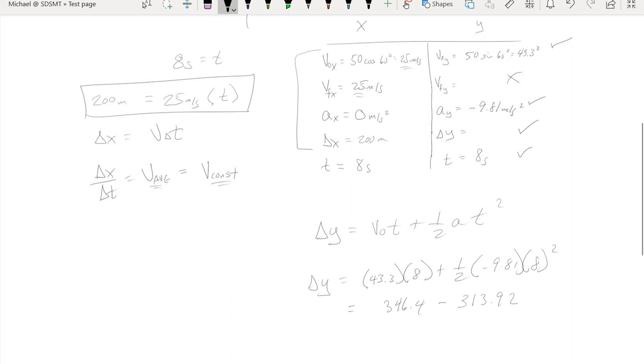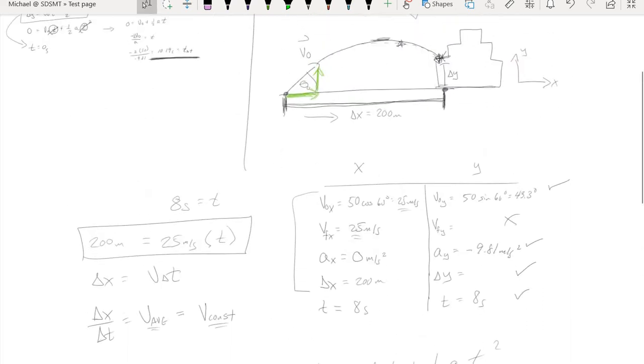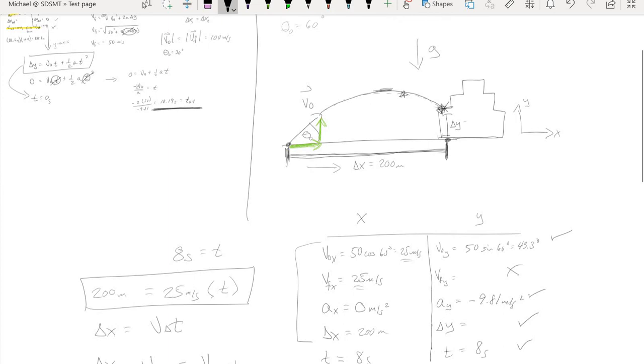And that is going to make for a total displacement of 32.48 meters above the ground. So that is where we strike. I'll round that up to 5.